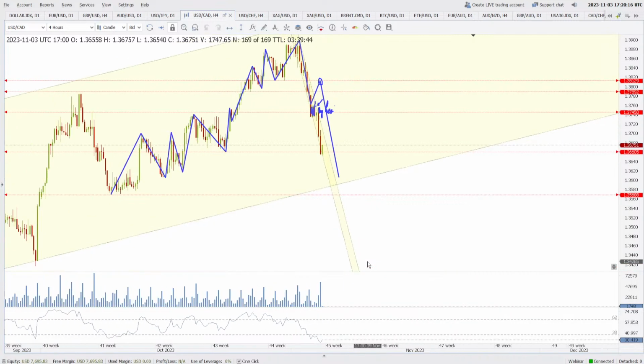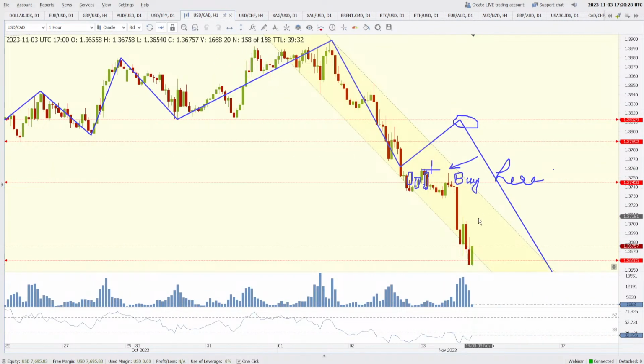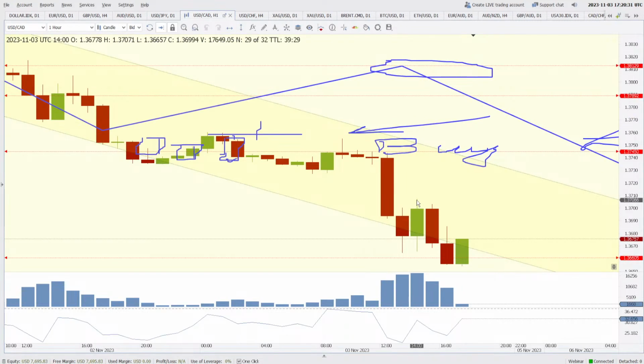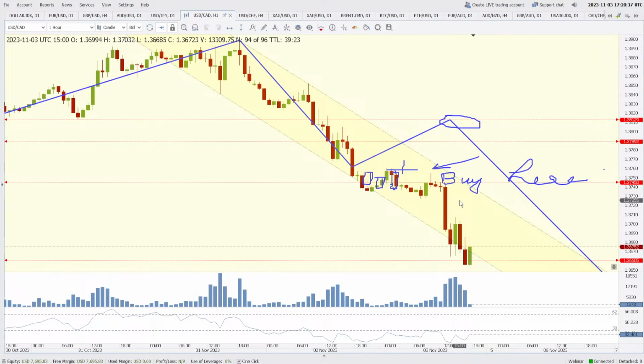So be sure, guys, that you are not deceived at this support, the green candle. This is a green candle at the support, but this may be an illusion, or it may be profit booking at the support, and if the prices do not go beyond 1.3706, you can see that the sellers are coming again to push the prices down.